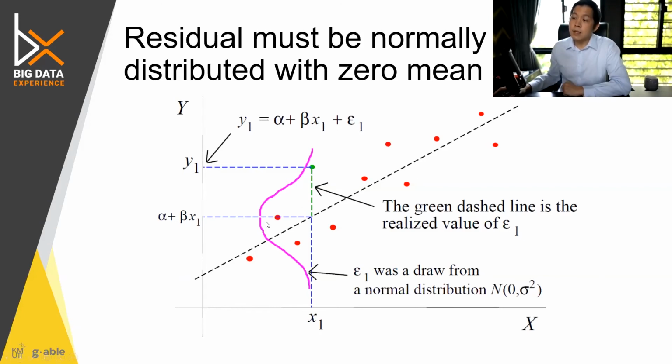So it means that the dots should be above and below the line, not far apart on some part. Okay, so this is the reason that the error should be distributed in normal distribution with a mean 0 and variance sigma square.